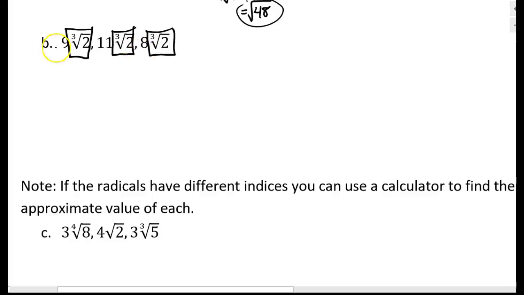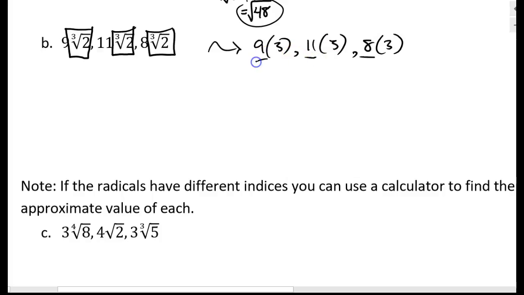So when we look at it this way, because they're all multiplying by the same number, it would be the equivalent of saying, well, how does 9 times 3 compare to 11 times 3 compared to 8 times 3? Well, we could just look at what's multiplying to determine which one's going to be biggest. Same thing happens here. So again, when we have the same radical, we can look at the coefficient.